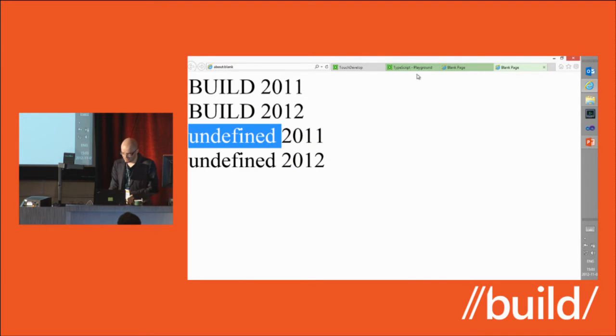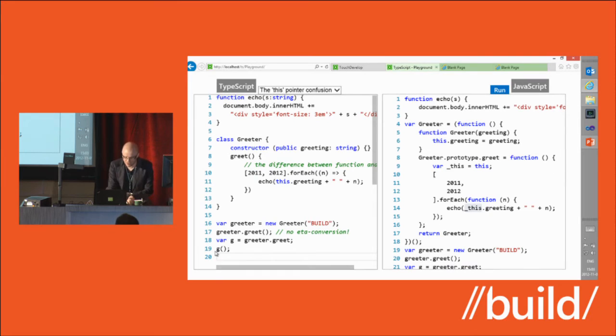Undefined here. The reason for that is that now this call is going to pass this as undefined, or null, the global object. That's why it doesn't work.